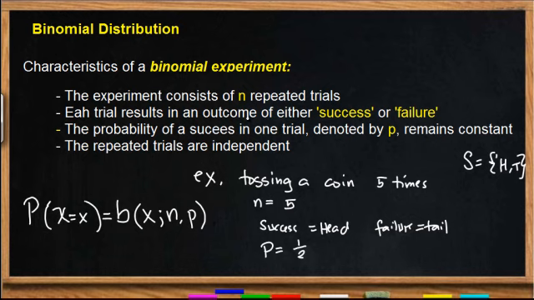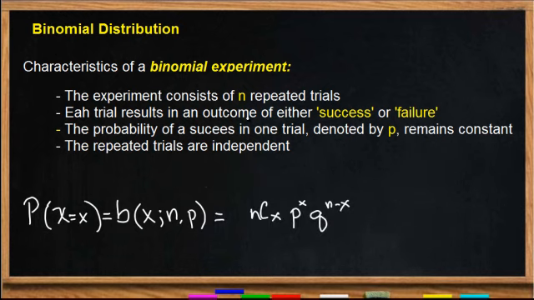So ang probability nga makakuha tag x ka success out of n ka trials is equal to the number of combinations of n trials taken x at a time, times p raised to the x, q raised to the n minus x.